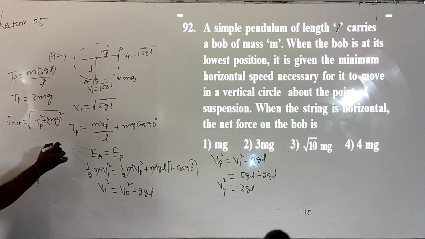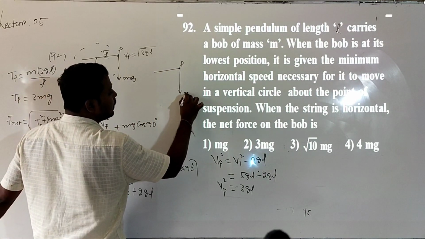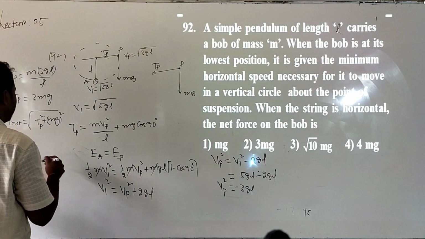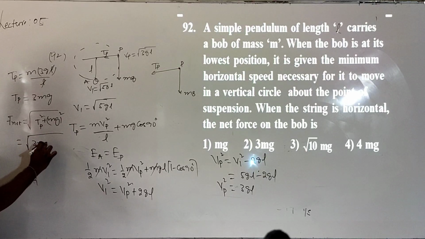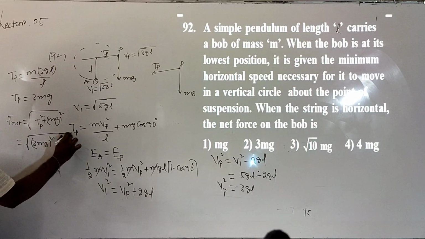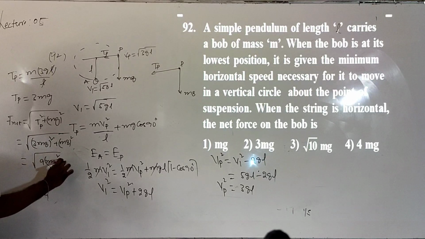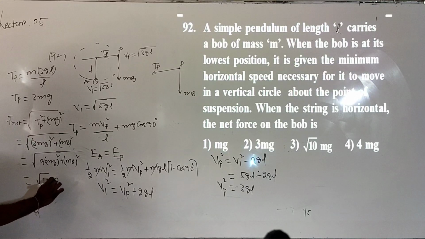Two forces are acting at point P: weight mg and tension T. So the resultant is root over (3 mg) whole square plus (mg) whole square. (3 mg) square is 9 m square g square, plus m square g square. Taking m square g square outside the root, we get root 10 times mg.